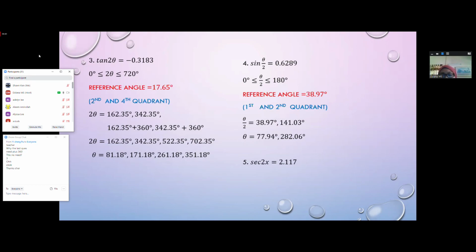What is secant, or sec? 1 over sine? Someone give me the 1 over. 1 over cos theta. Okay, 1 over cos. So when you write down it is 1 over cos 2x. The 2x will always be with your trigonometric function. So it is 1 over cos 2x equals 2.117. And then you proceed.